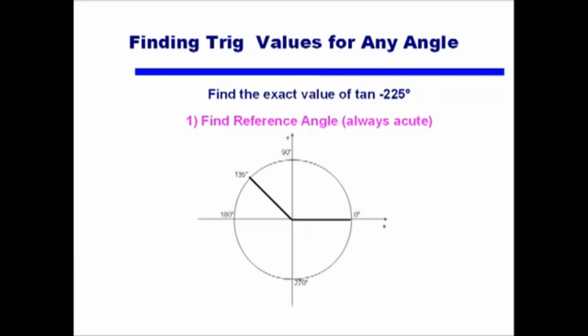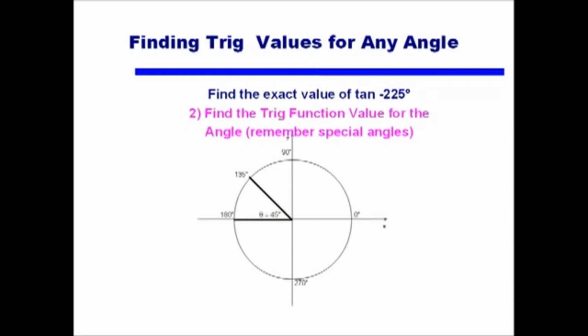Again, we'll take that 135 degrees, graph it on our xy axes, and we see it's in quadrant 2, and we can find that reference angle, the angle between the terminal side and the x-axis, to be 45 degrees. And we'll remember the tangent of 45 degrees, again we can sketch that 45, 45, 90 triangle, and we remember tangent of 45 degrees was equal to 1.